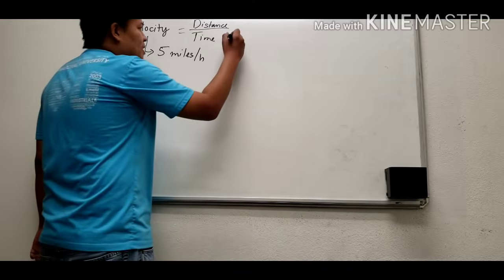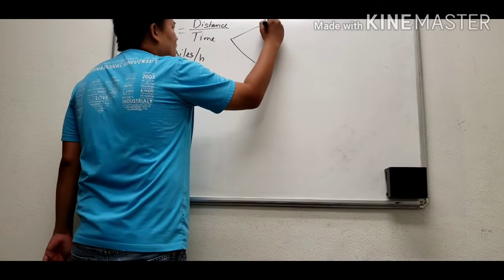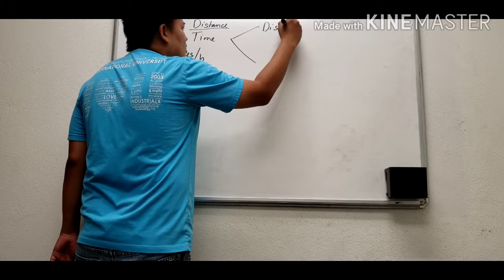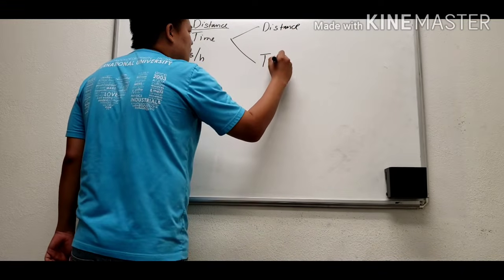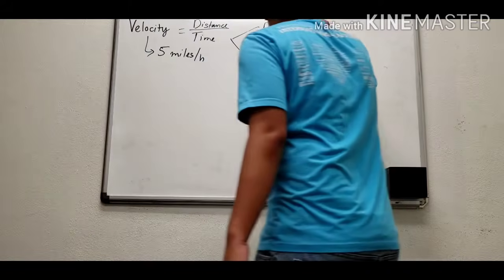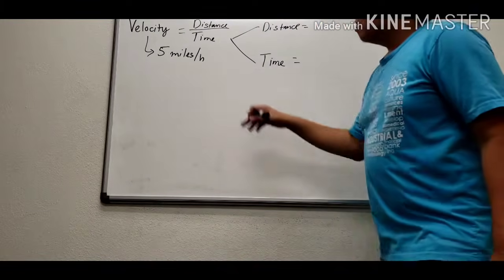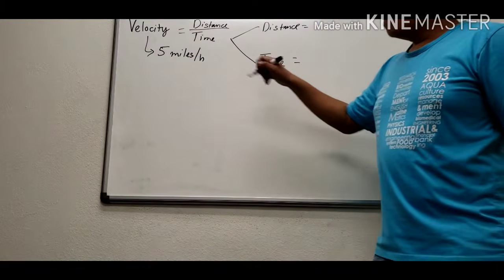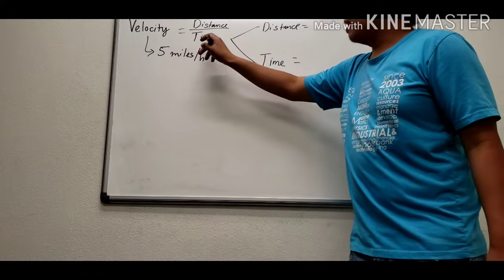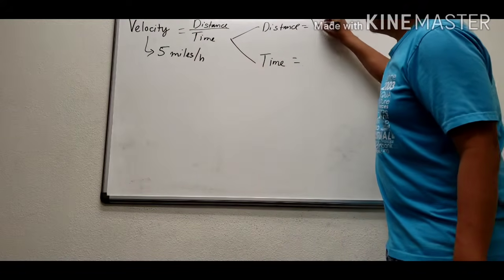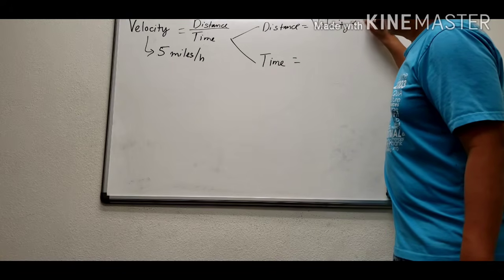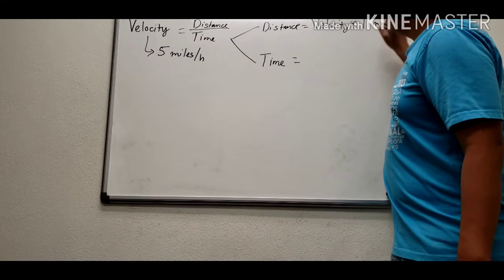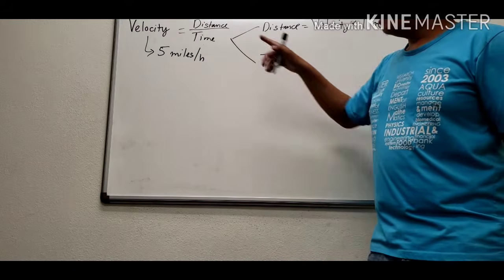So if the test asks us to calculate the distance, we take the velocity multiplied by the time, so we can calculate the distance of the object.